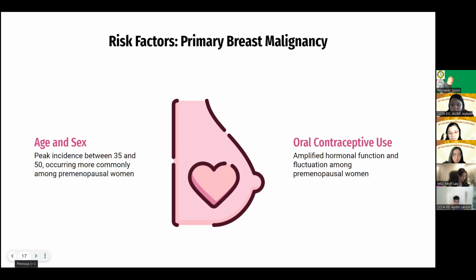But again, it's important for them to take note of this as there are studies that suggest na the positive association. And typically, because of the hormonal fluctuation, you would expect na most benign cysts disappear and then new cysts develop after a year after menopause. So, next slide, please.